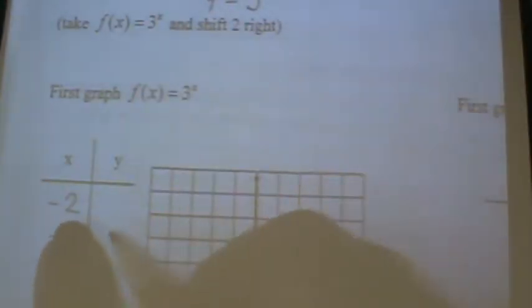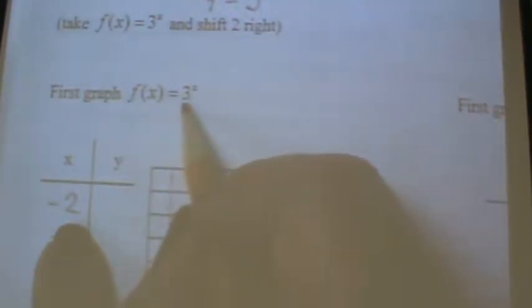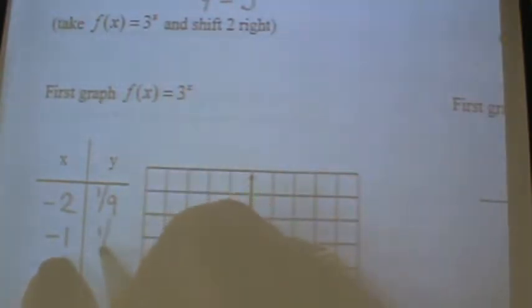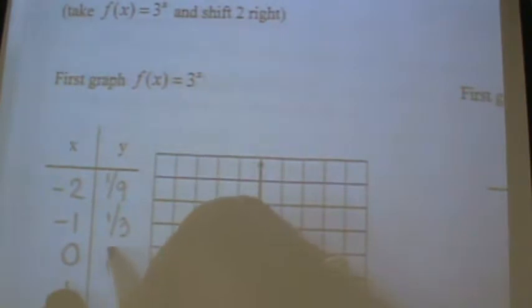Do you remember how to plug a negative number in here? If I plug -2 in here, what do you get? What is 3 to the -2 power? 1 over 9. What is 3 to the -1 power? 1/3. What is 3 to the 0 power?